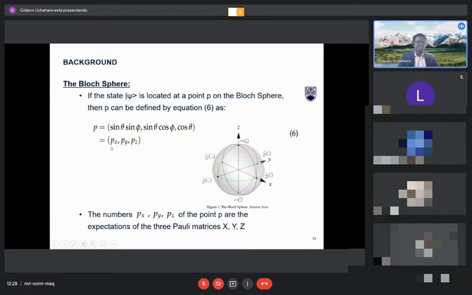I've tried to simplify this by specifying them as p sub x, the point along the x-axis, p sub y, the point along the y-axis, and p sub z, the point along the z-axis. These numbers p sub x, p sub y and p sub z are actually the expectation values along the Pauli X, Pauli Y, and Pauli Z axes of the Bloch sphere. As you can see on this Bloch sphere, you have the Pauli X, Pauli Y, and Pauli Z axes.